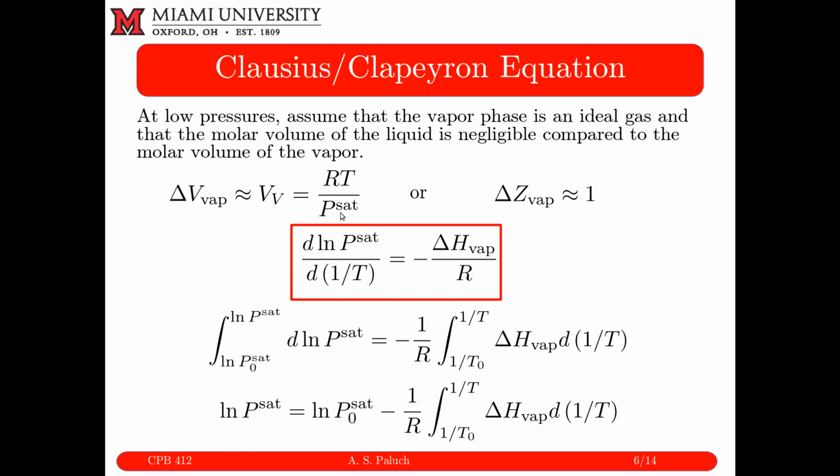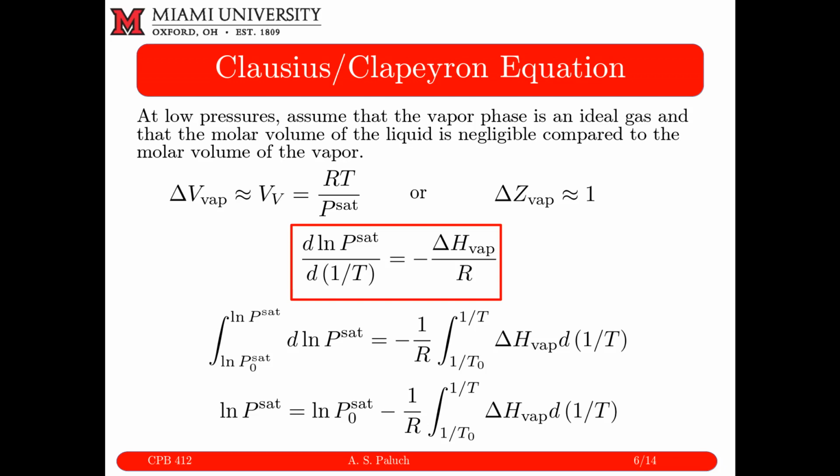So essentially we're assuming it's 0, negligible compared to the molar volume of the vapor. Equivalently, we could write this as delta Z of vaporization is approximately 1. So the vapor phase is an ideal gas, and the liquid phase's molar volume is negligible compared to that of the vapor phase.